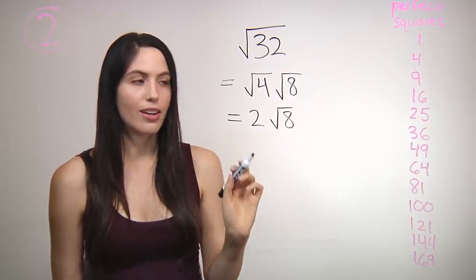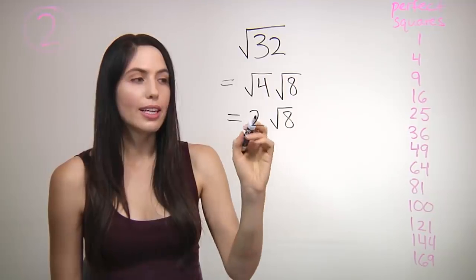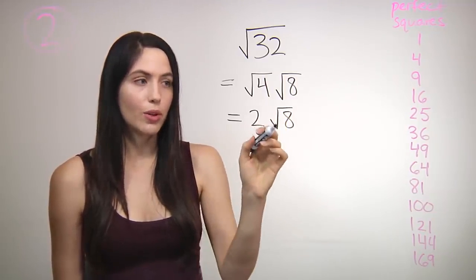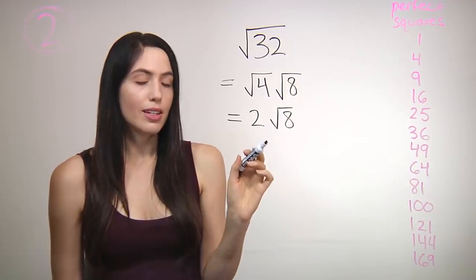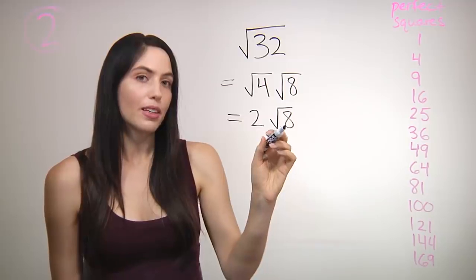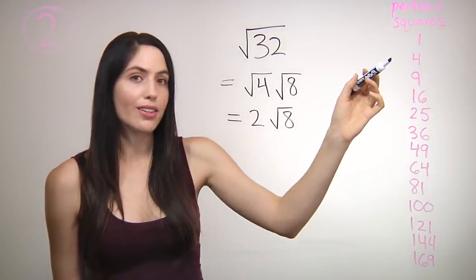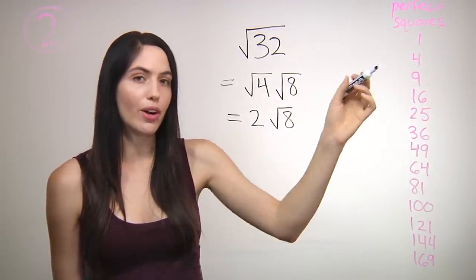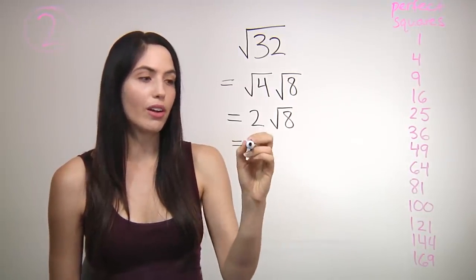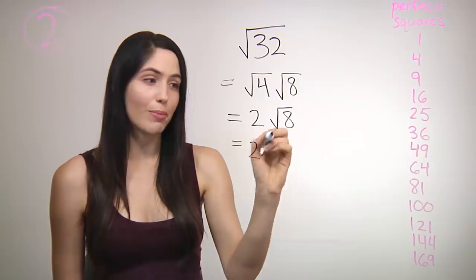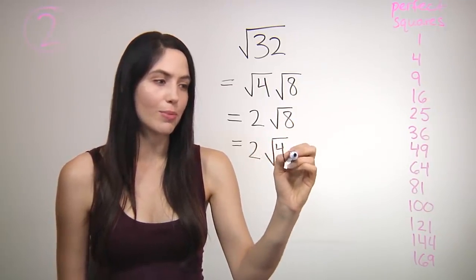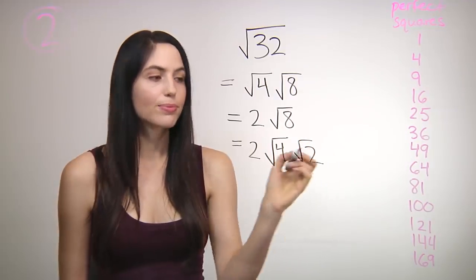Now, this is important. Always ask yourself, can I simplify this root anymore? Square root of 8 does simplify more because the number underneath, 8, can be broken into 4 times 2. If you divide 8 by 4, it goes in evenly. So what you need to do is, just like before, rewrite the square root of 8 part instead as square root of 4 times square root of 2.